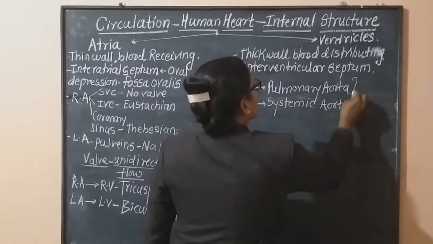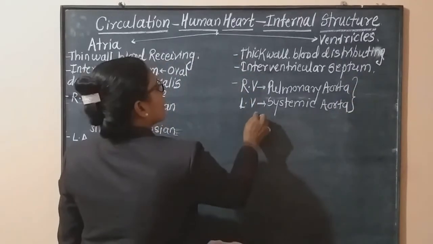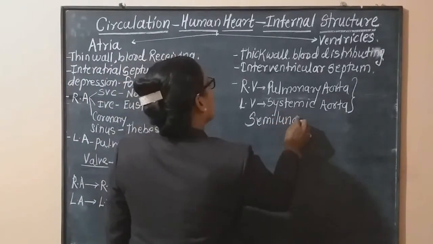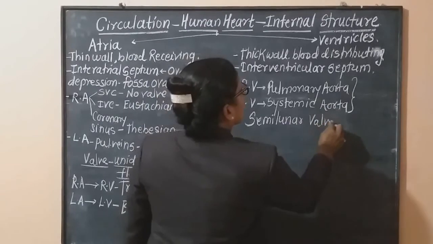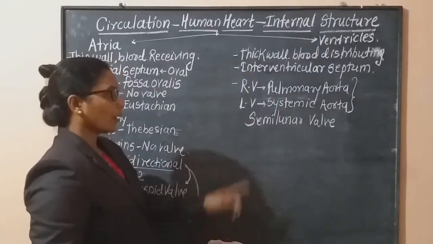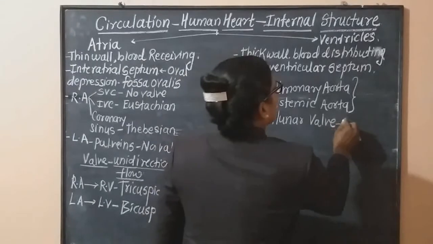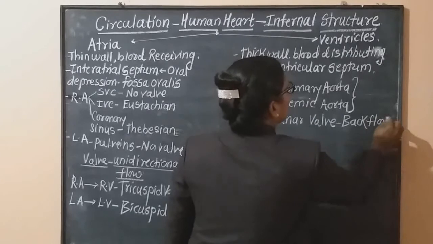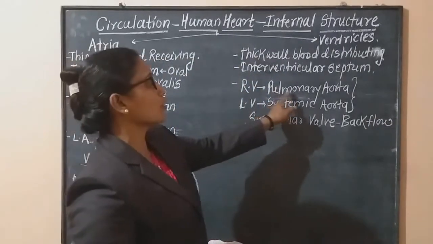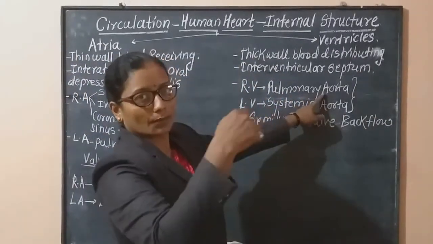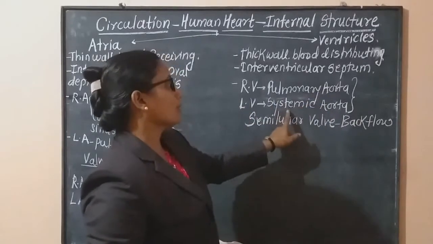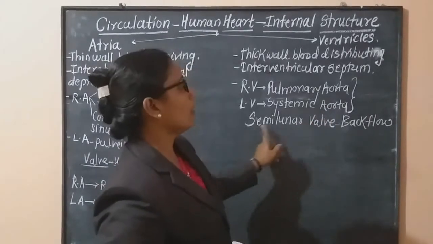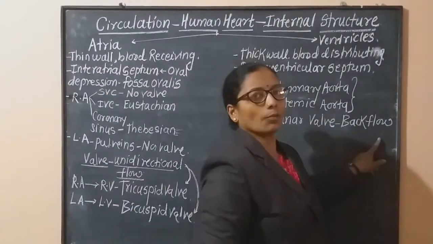These two blood vessels are provided with semilunar valves, whose function is to prevent the backflow of blood. Once blood goes into the pulmonary aorta or the systemic aorta, it does not come back because the semilunar valve prevents backflow.